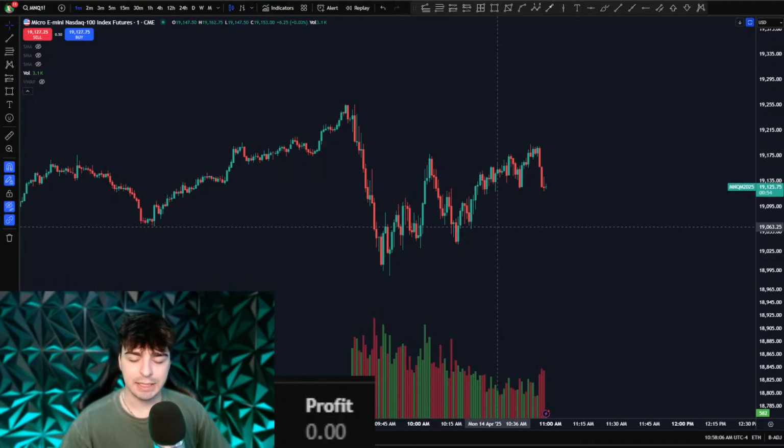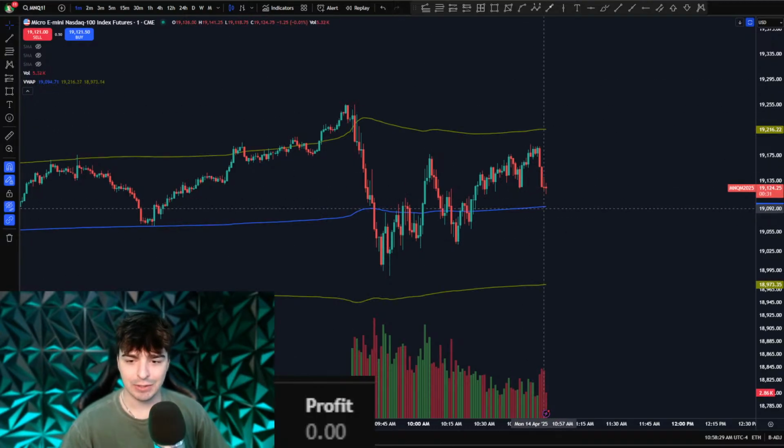So if we're expecting a deeper correction, that would probably be somewhere lower down towards here. I don't think buying here would probably be the smartest idea. So that would probably give us maybe an entry down towards VWAP, and then we can take a VWAP bounce trade potentially right around there.